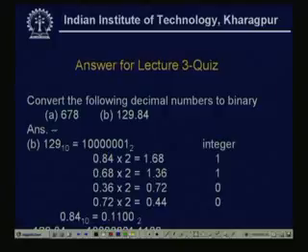See that the place values here are 1, 2, 4, 8, 16, 32, and so on. These are the places.